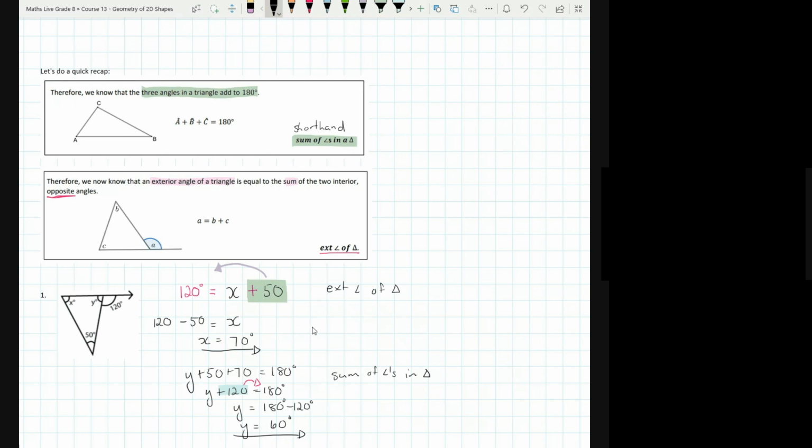All that I did is, we don't like it when our x is on the right hand side. It's always nicer when our x is on the left hand side. So I literally just flipped this equation. Because I changed both sides, I didn't actually change anything, if that makes sense.